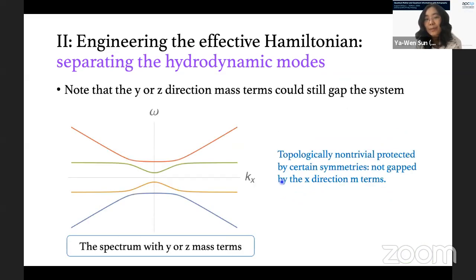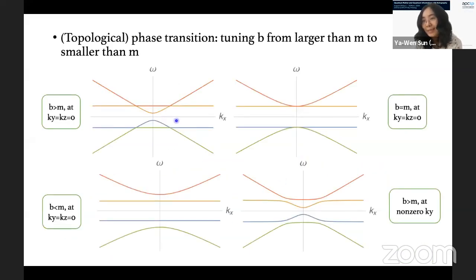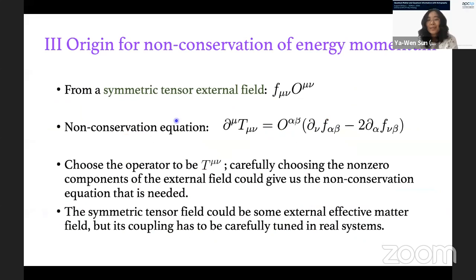And in this way, we could produce a spectrum like this and get what we want. So now, what is this F mu nu? Because it has to couple to T mu nu, it could be an effective coupling when F mu nu is an effective external matter field, but that is very complicated because the interaction needs to be fine-tuned.